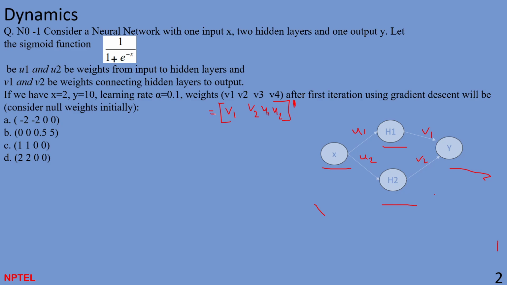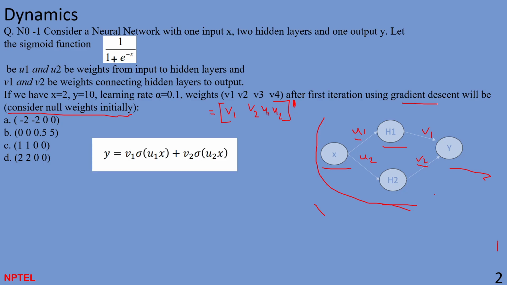We need to find out what the weights will be after the first iteration, and they have said to consider null weights initially. So we need to get these u1, u2, v1, v2 weights by doing some iteration using the gradient descent method.